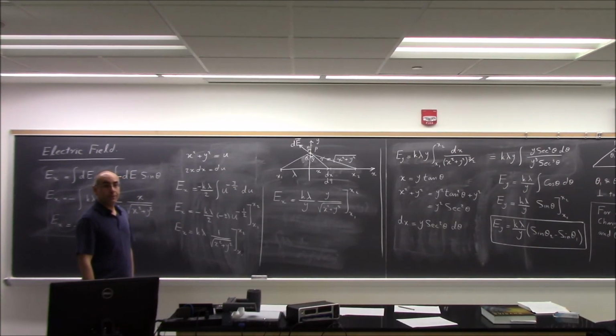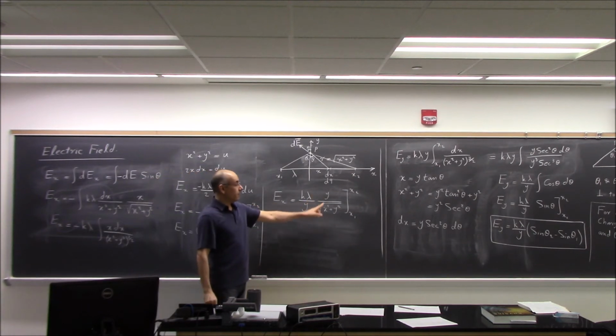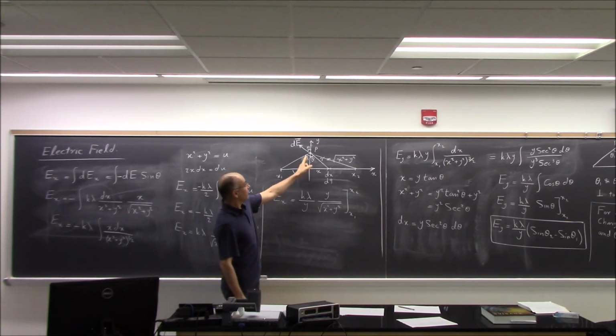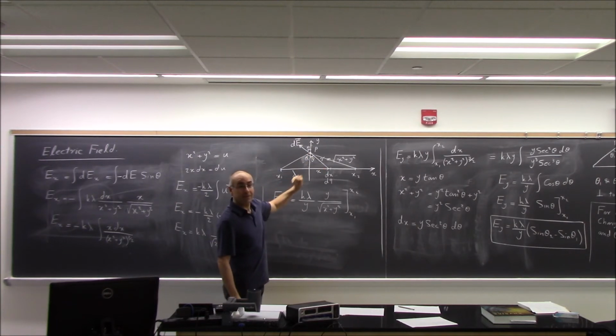You see what I'm doing? Can you guess what I'm doing with this trick? What is y over square root of x squared plus y squared? Cosine theta. Say y over r.